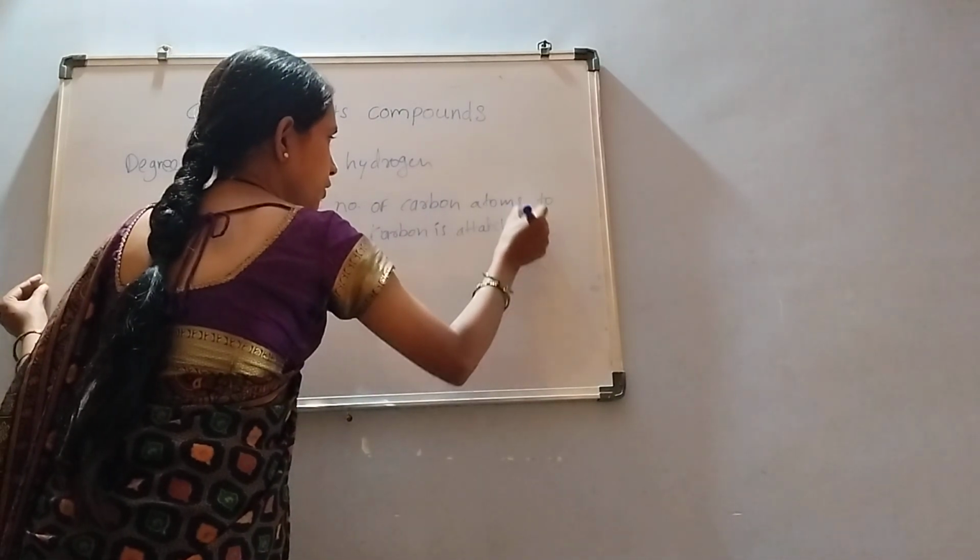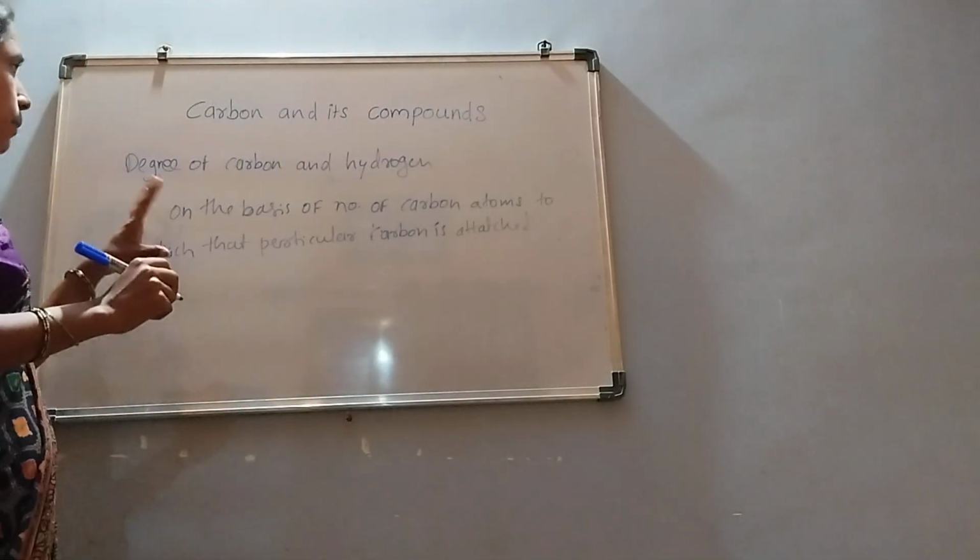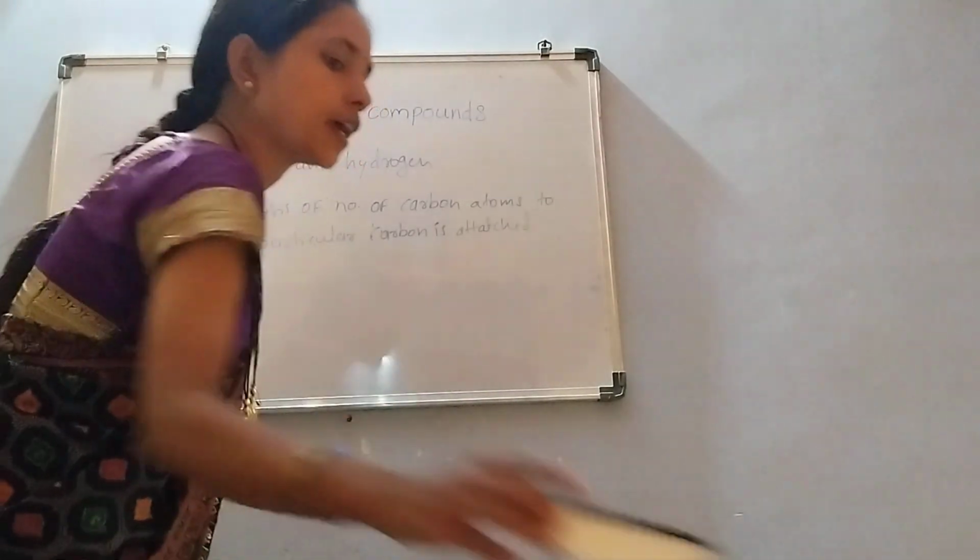We call it the degree of carbon. So by example we will discuss the degree of carbon and hydrogen.